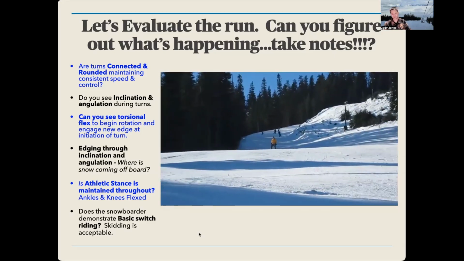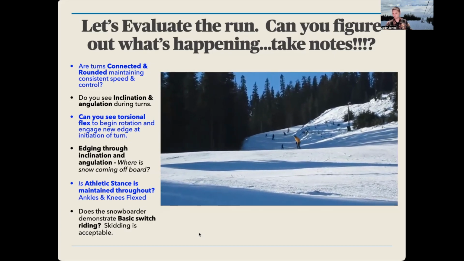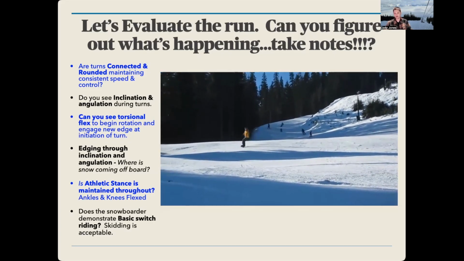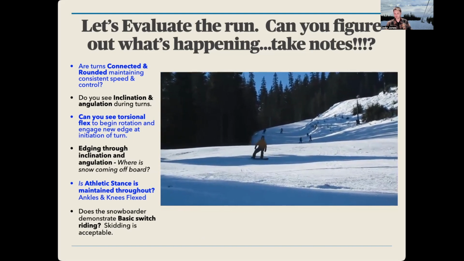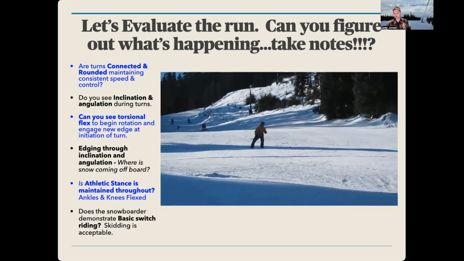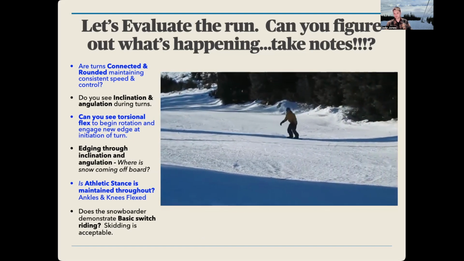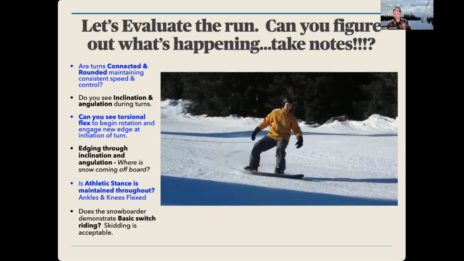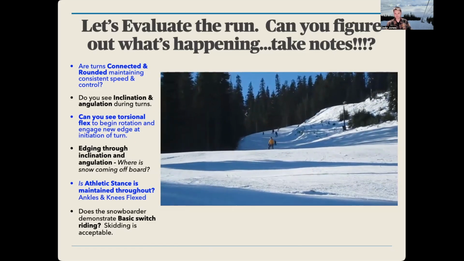Yeah, definitely. And a good indicator of that too is there's no chatter on the snow with the snowboard. So even though the turn shape isn't where we want it to be, the snowboard is keeping good contact with the snow. We don't see any chatter once he gets on that edge and more of a side slip.